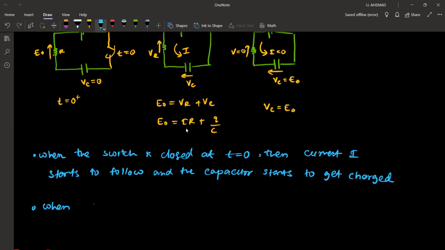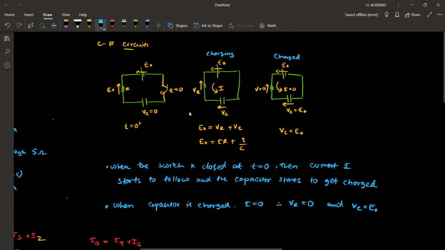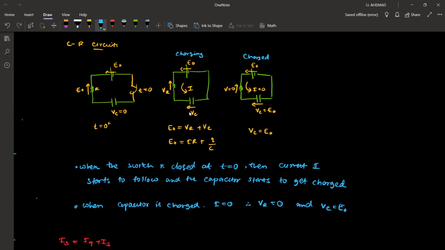When the capacitor is charged, I is equal to 0. Therefore, VR is equal to 0 and VC is equal to E naught. Okay.